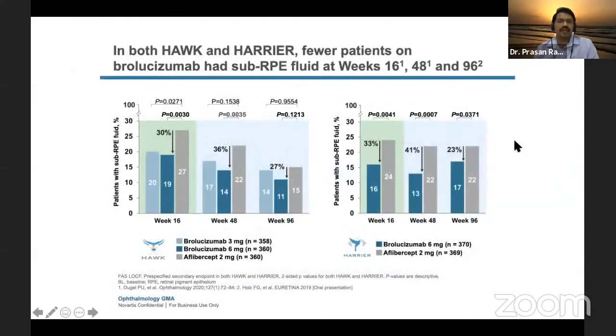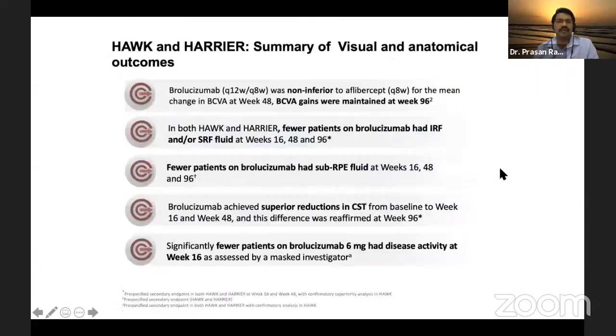If you look at the subretinal fluid, again, eyes treated with brolucizumab did better. They had fewer patients with subretinal fluid at week 16, 48, and 96 in the HAWK, and similar results in the HARRIER trial. So just to summarize the visual and anatomical outcomes, brolucizumab was non-inferior to aflibercept.